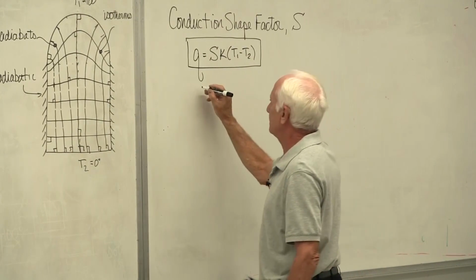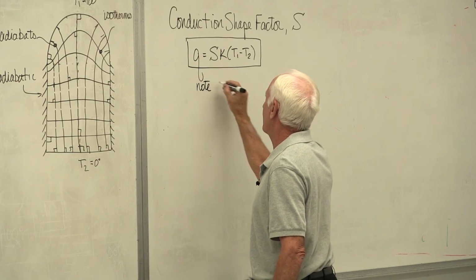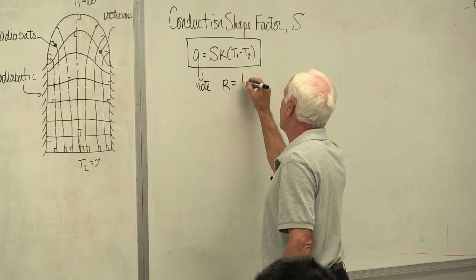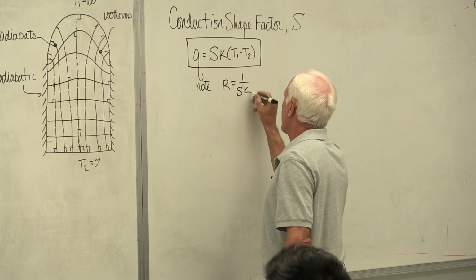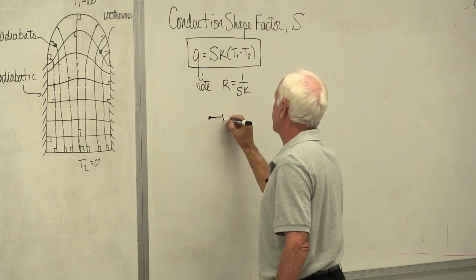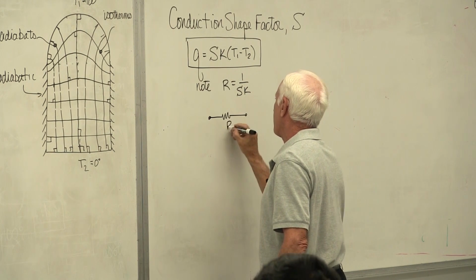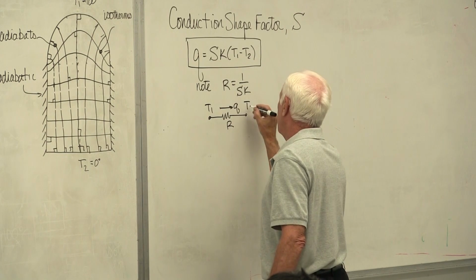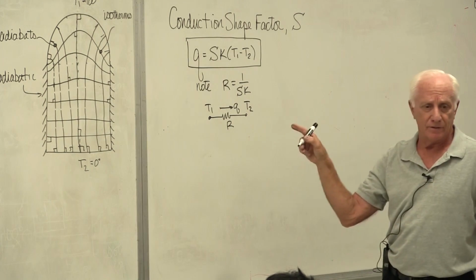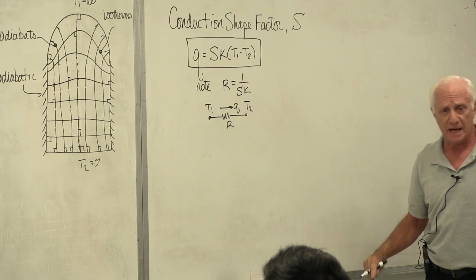If you want, you can call it a resistance. It's 1 over SK. And so you could put it like this. And you can now add these to the previous resistances you had in problems.